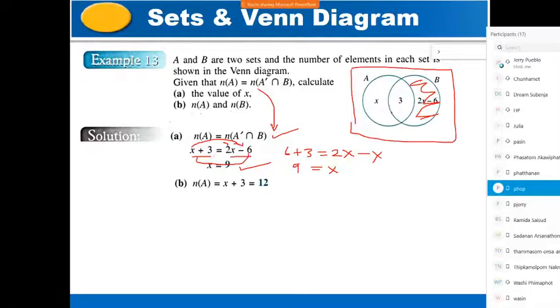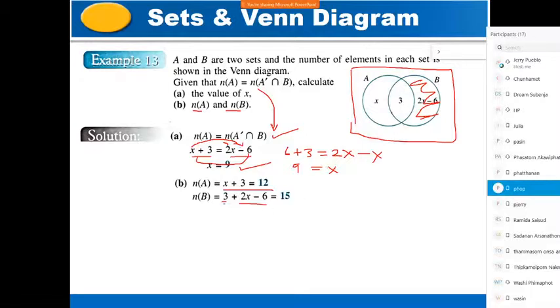Then the next question: what is the number of A and the number of B? Therefore, the number of A when x is 9: 9 plus 3 is 12. What is the number of B? The number of B is 3 plus 2x minus 6.